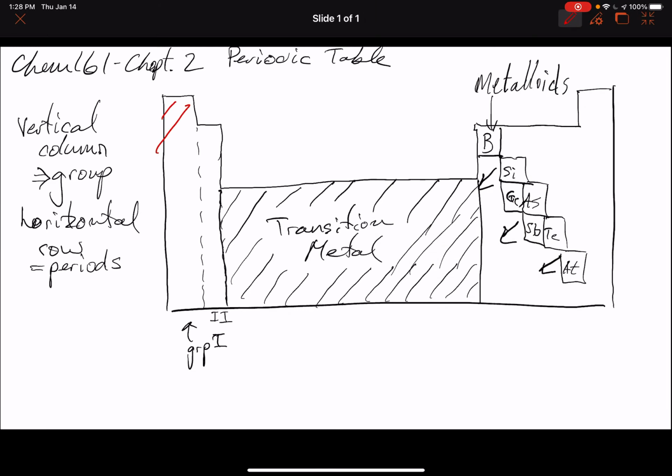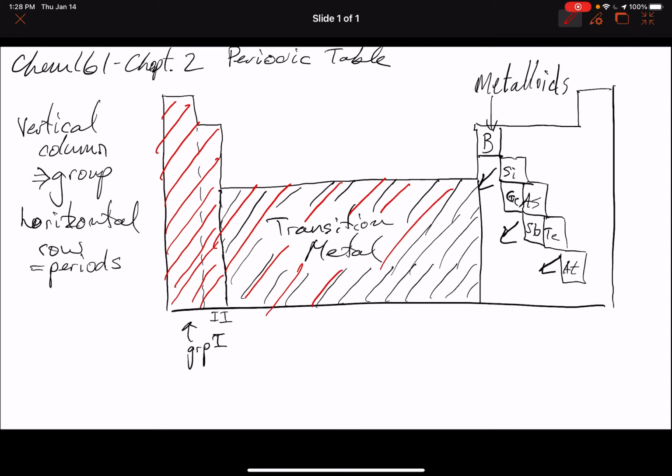We're going to refer to any element in those first two groups, including transition metals, including elements to the left of this staircase boundary, and putting a little legend here, these are the metals.